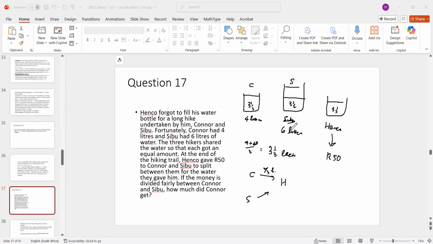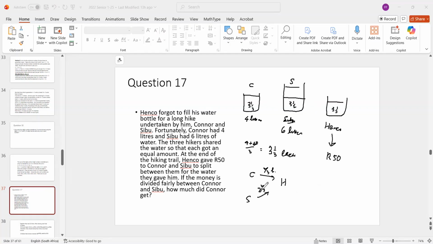While Sibu had 6, he eventually had 3 and 1/3, so he gave him 2 and 2/3 liters, right? From his 6.